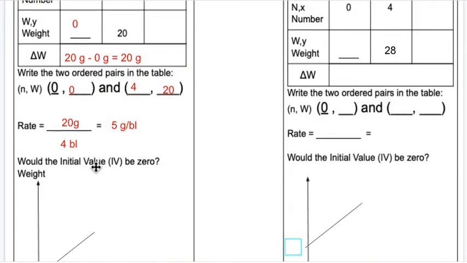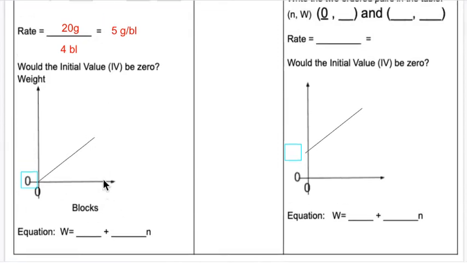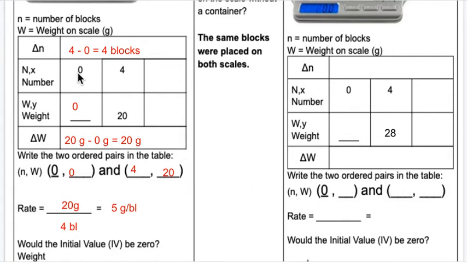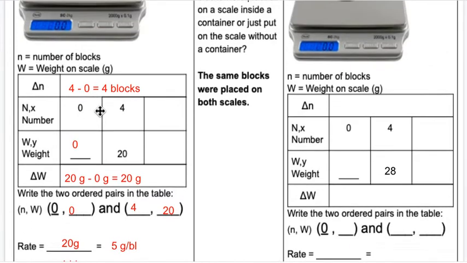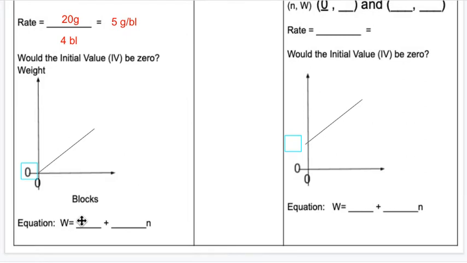So that's what it'll look like. So what does the weight of blocks on this scale look like? It'll be every time we add a block right here, it goes up by 5, right? That's the rate. So the weight starts at 0 and it goes up by 5 grams per block, right?